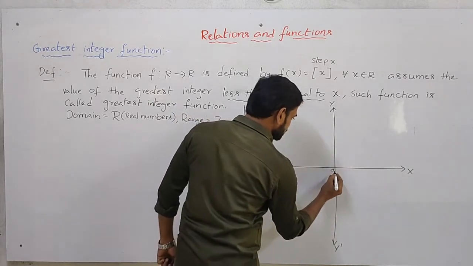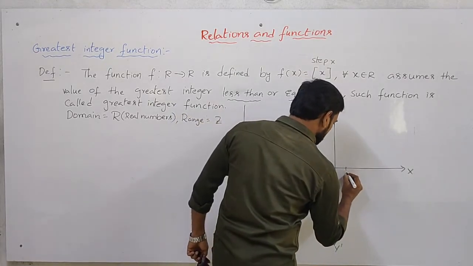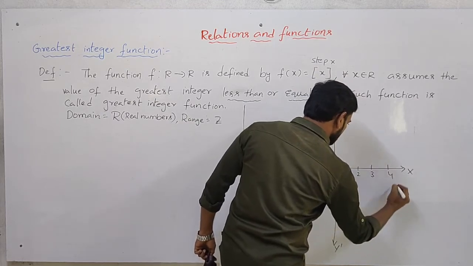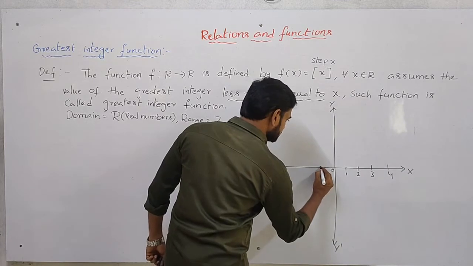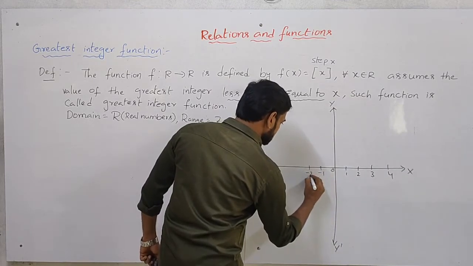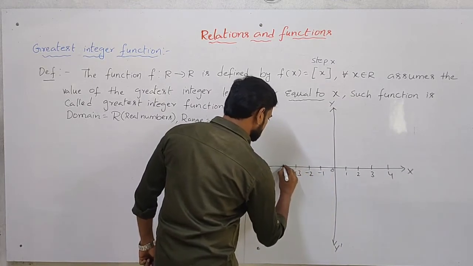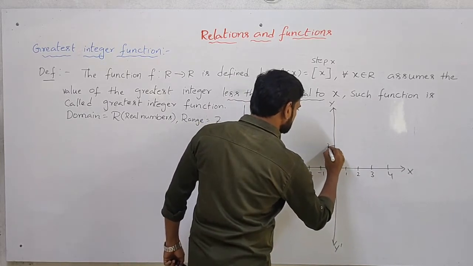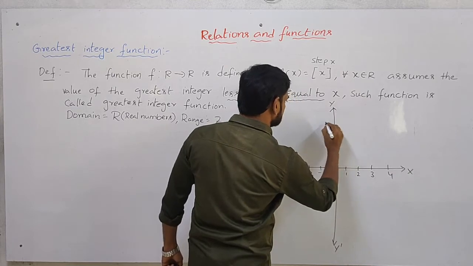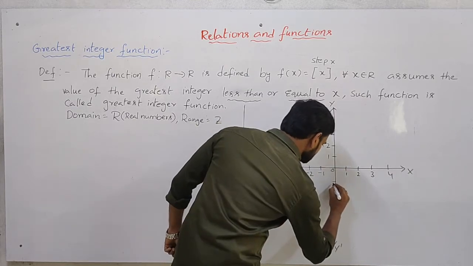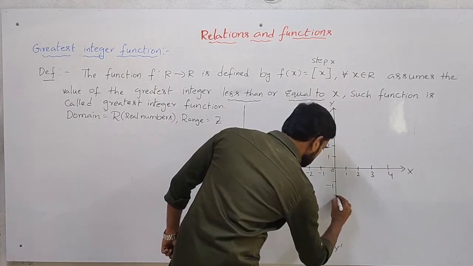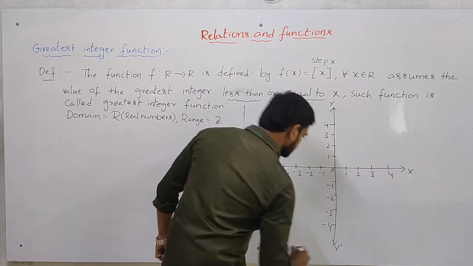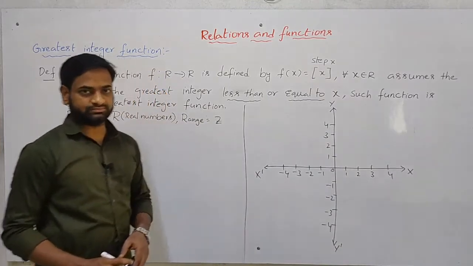So 0, 1, 2, 3, 4, minus 1, minus 2, minus 3, minus 4, 1, 2, 3, 4, minus 1, minus 2, minus 3, minus 4.